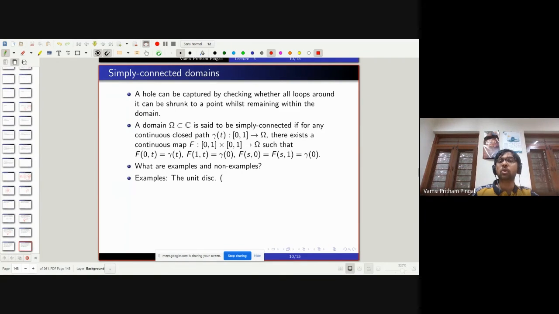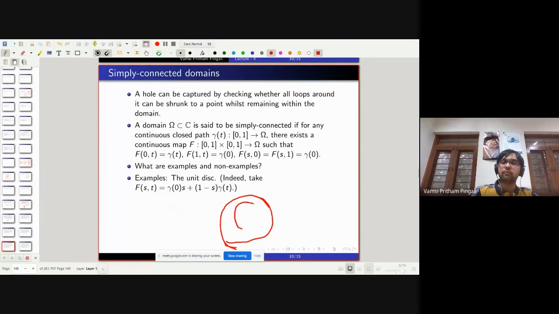Examples: the unit disk. Well, how do you prove that the unit disk is simply connected? We can simply take the following. Suppose you have any loop like this.